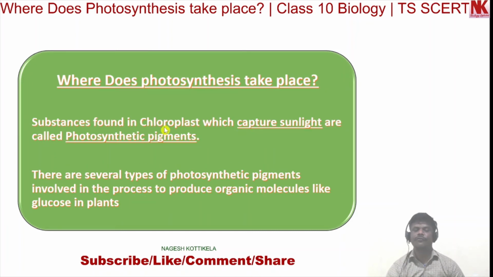Substances found in chloroplasts which capture sunlight are called photosynthetic pigments. There are several types of photosynthetic pigments involved in the process to produce organic molecules like glucose in plants. These are chlorophyll A, chlorophyll B, and not only they, xanthophylls, carotenoids, like this.